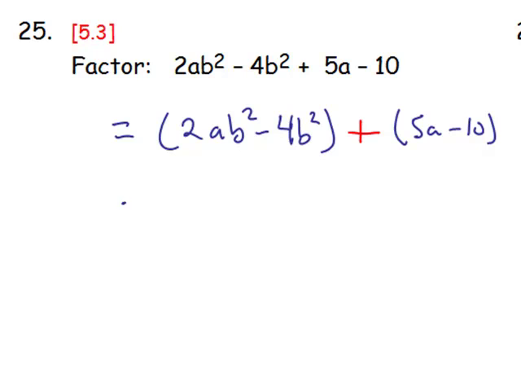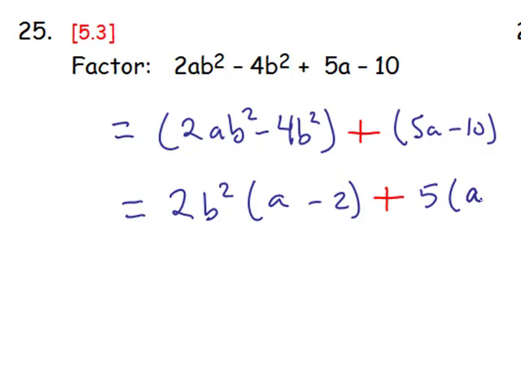Out of the first grouping, we can factor 2 and b squared. And we are left with a minus 2. Still plus. And out of the second grouping, we can factor 5. And again, we get a minus 2 as the binomial factor.